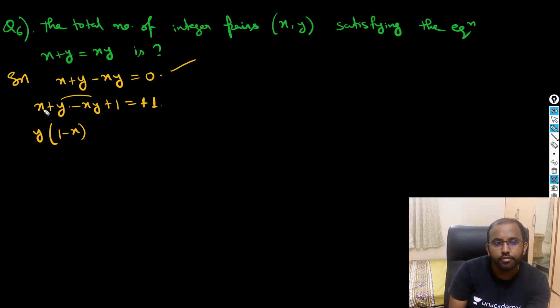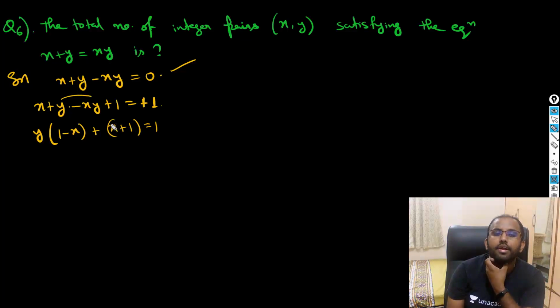And if you leave this here, this is x plus 1. So plus x plus 1 is equal to 1. But again, if you see here, this value is not satisfied, because this is plus 1 and this is minus 1, it won't factorize, right? So from here you'll get an idea that let's write here minus 1 and minus 1.